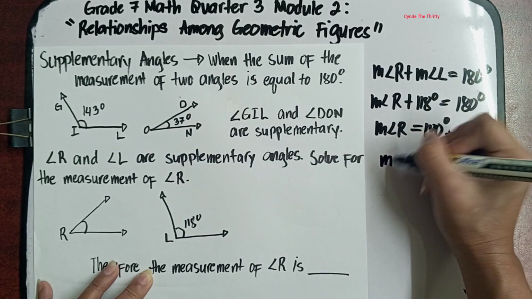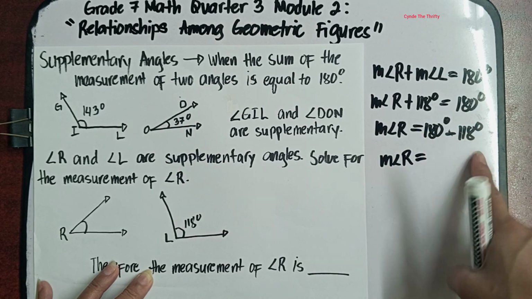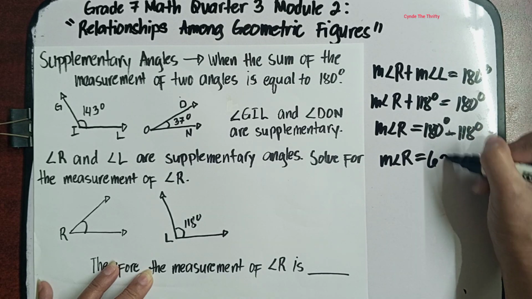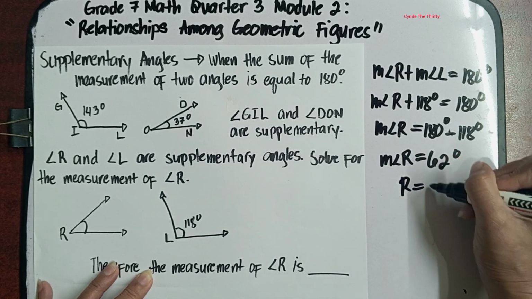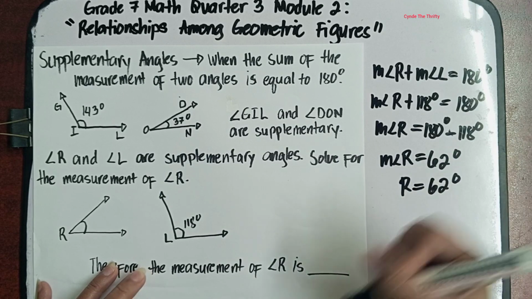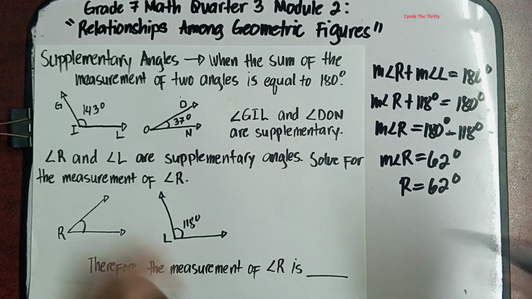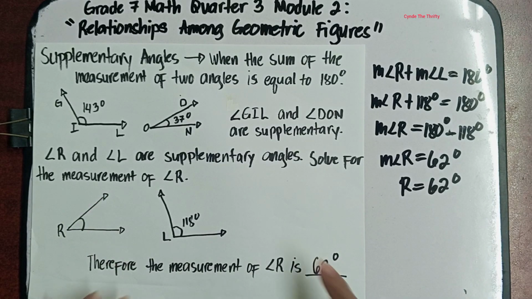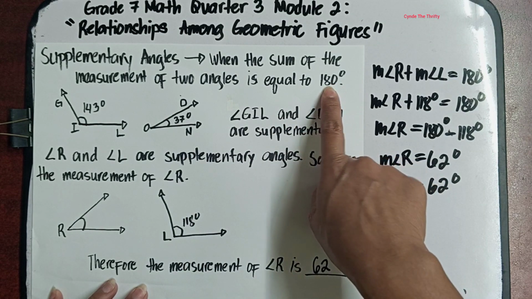So, measurement of angle R is equal to 180 minus 118 is equal to 62 degree. Okay, so therefore, si angle R, ang kanyang sukat is 62 degree. So, ang sagot natin dito, therefore, the measurement of angle R is 62 degree. Kasi 62 degree plus 118 degree is equal to 180 degree.